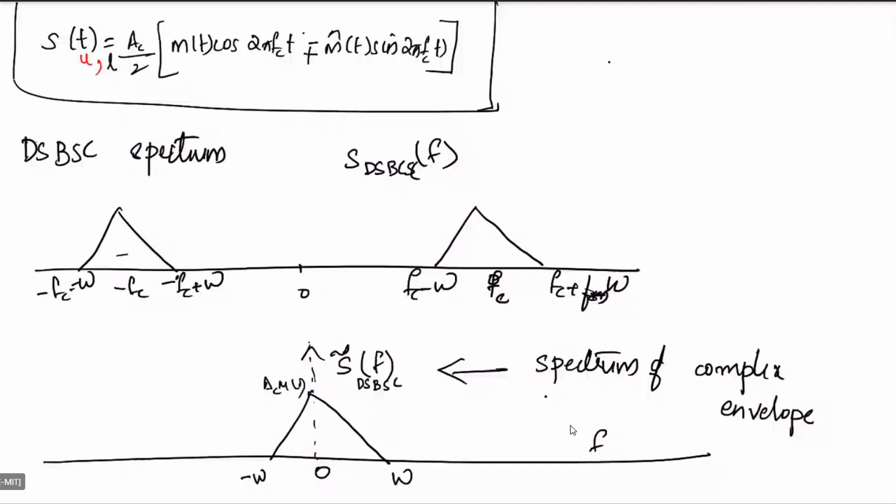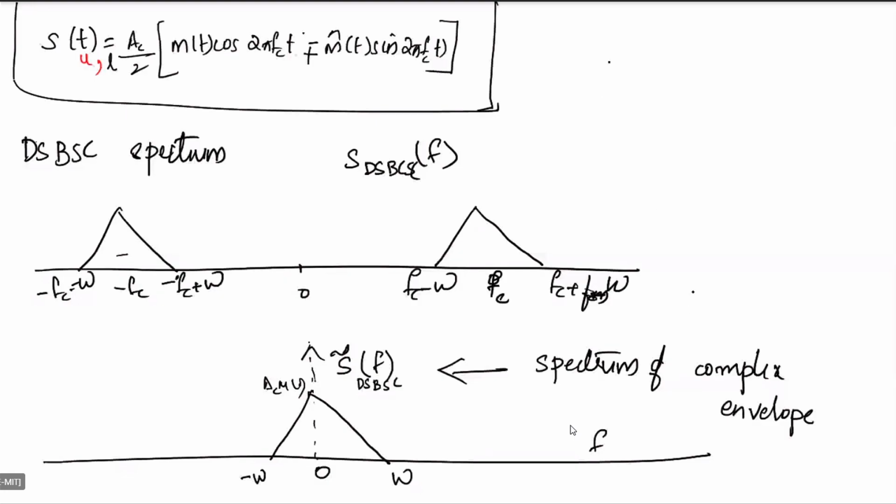This looks like this. So now what do you mean by a complex envelope? That is a little bit deep concept. Let me see how I can explain it to you. S tilde DSBSC(f) is the spectrum of the complex envelope of the DSBSC signal.